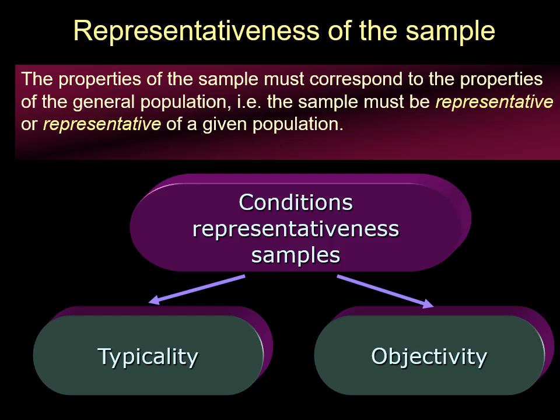Selection from the general population to the sample can be carried out by various methods. These methods are discussed in more detail in practical classes. It can be, for example, the lottery method, the drawing method, or previously the method of random tables.